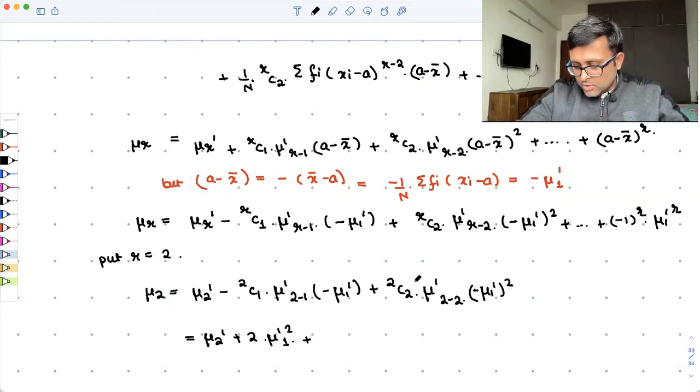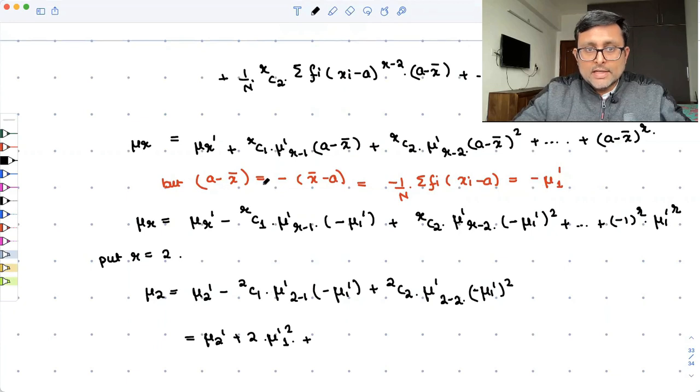So you have what? This was plus or minus? Yeah, minus 2c1 minus mu1 dash. I think I made a mistake here. The mistake was that if you're writing a minus x bar as minus mu1 dash here, then you can have one minus. Now both minuses can't be there, right? Okay. So I'll just write it again.